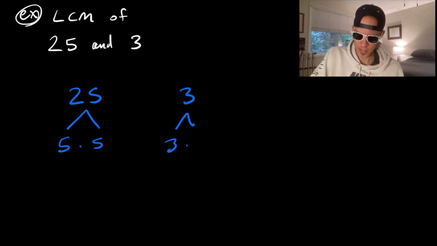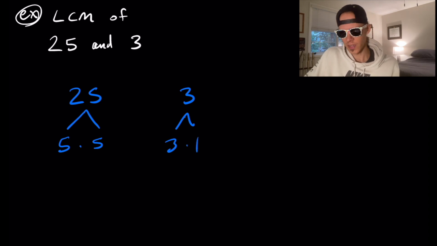Actually, let's leave it as 3 times 1, just so they look kind of similar. I see no pairs of numbers that are common between 25 and 3, or factors of 25 and 3 that I can circle like I did in the previous example.